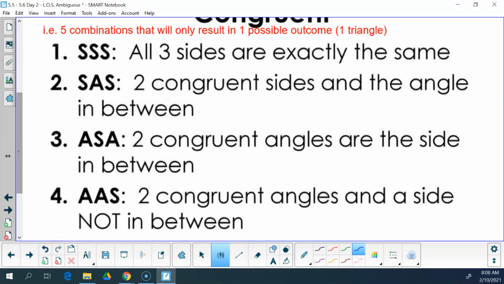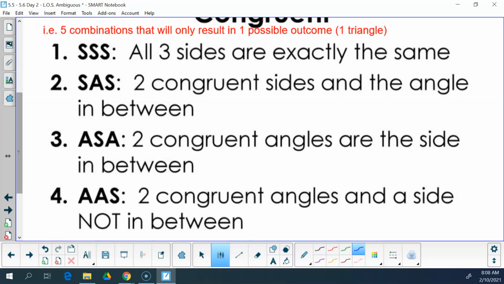Now those four are important for you because when you're solving a triangle, we use much the same classifications. Okay?